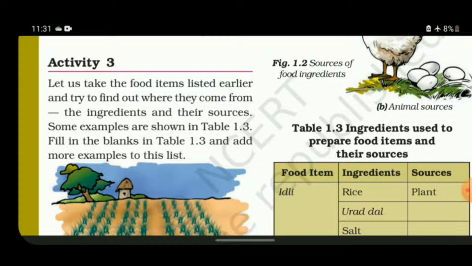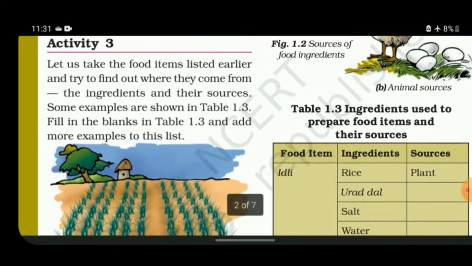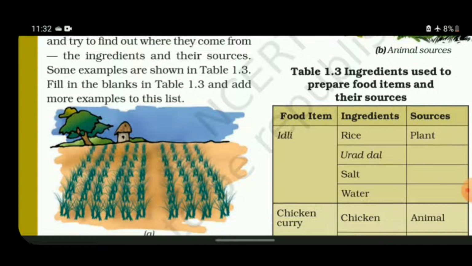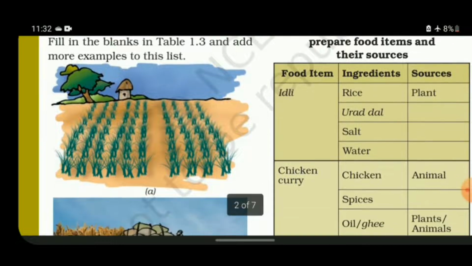Fill in the blanks in Table 1.3 and add more examples to this list. Fig 1.3: Source of food grains. A. Paddy field. B. Wheat grains transported. Table 1.3: Ingredients used to prepare food items and their sources.